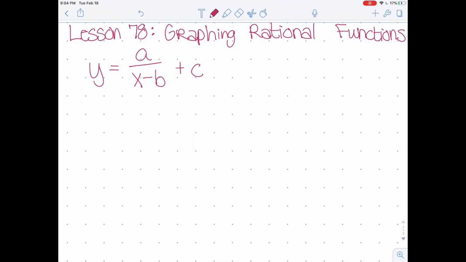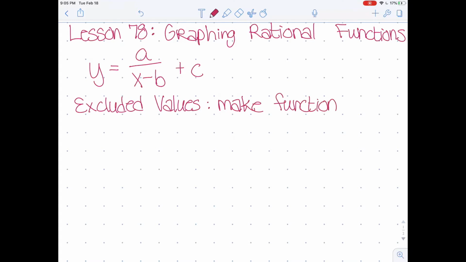So, first let's talk about excluded values. Now, we've talked about excluded values in the past, and we know that excluded values are values that make the function undefined. So let's just note that again. Excluded values make the function undefined.